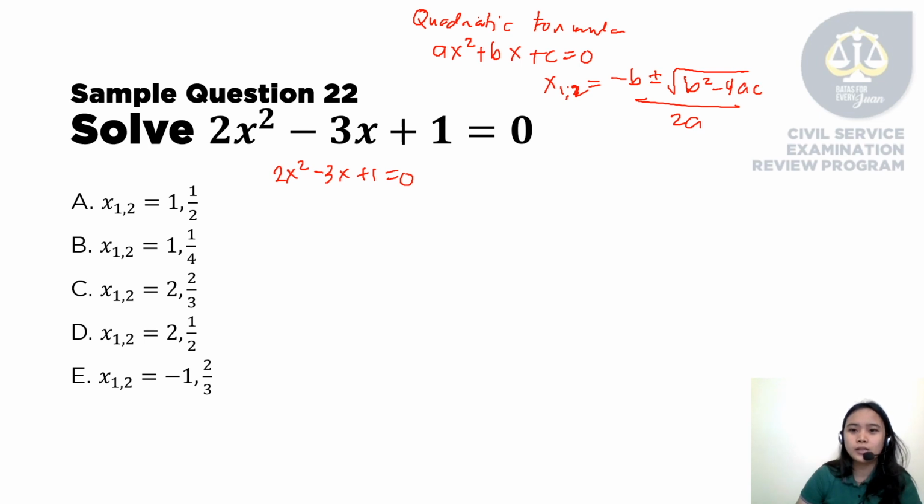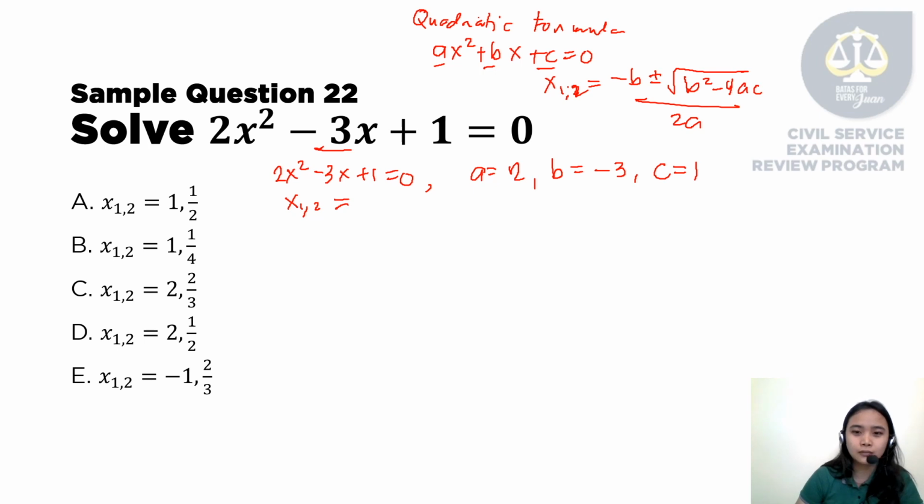Where etong ABC, ayan yung ABC dito sa quadratic equation natin. So, dito sa example natin, obviously, A natin is 2, B natin is negative 3, and yung C natin is equal to 1.